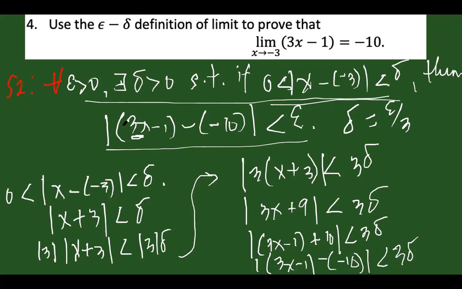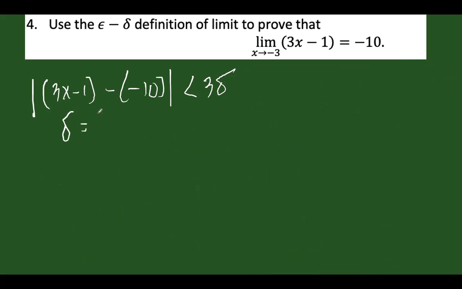Now let's proceed to the next slide, and let's recall this last step. We found that the absolute value of 3x minus 1 minus -10 is less than 3 delta. Let's check. Okay, that's right, 3 delta. And we know that delta is equal to epsilon over 3, right?